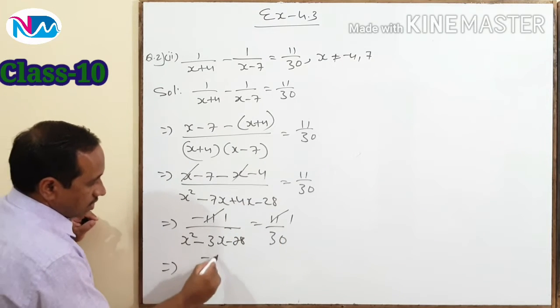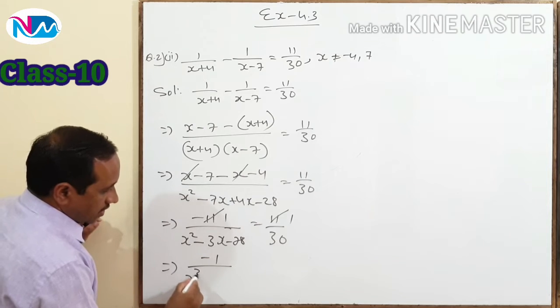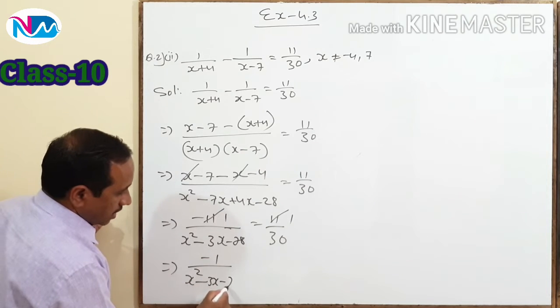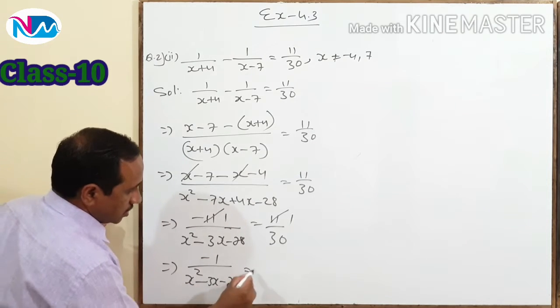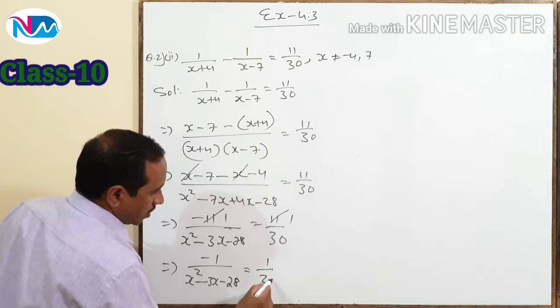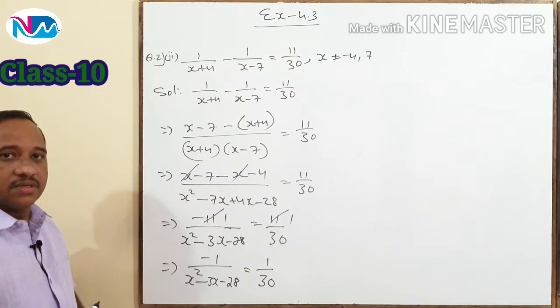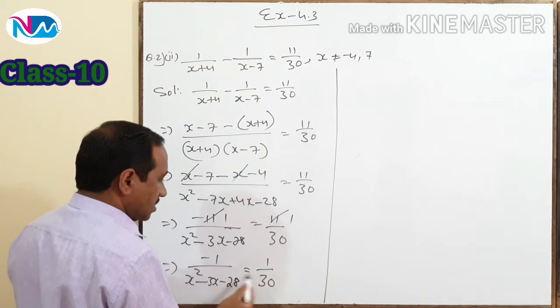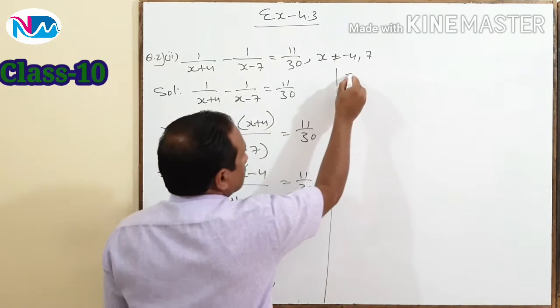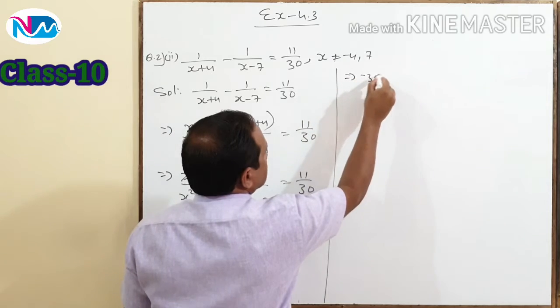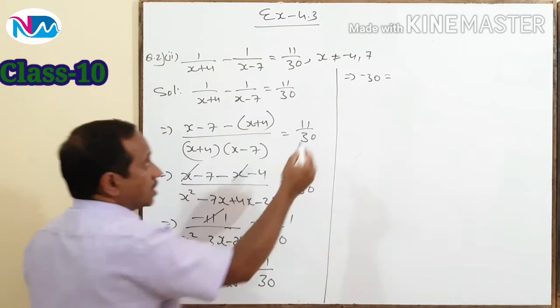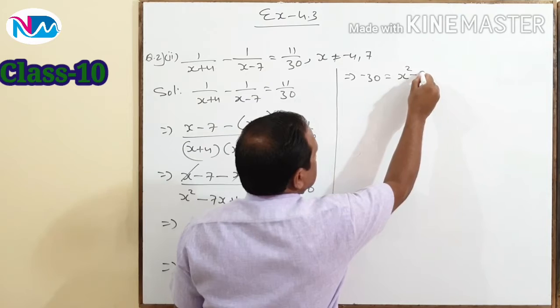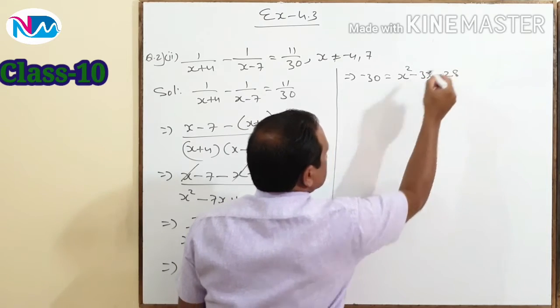So here we have minus 1 whole divided by x square minus 3x minus 28 is equal to 1 by 30. Cross multiplying, we get 30 into minus 1, minus 30, is equal to 1 into x square minus 3x minus 28.